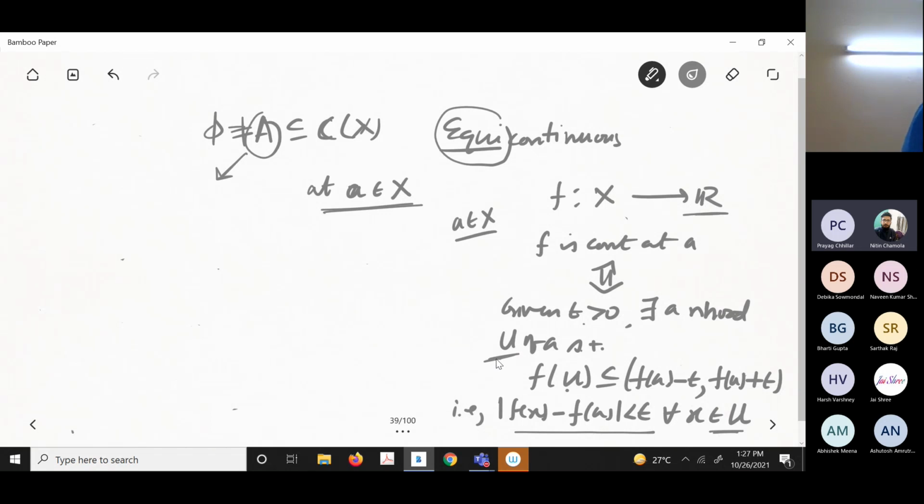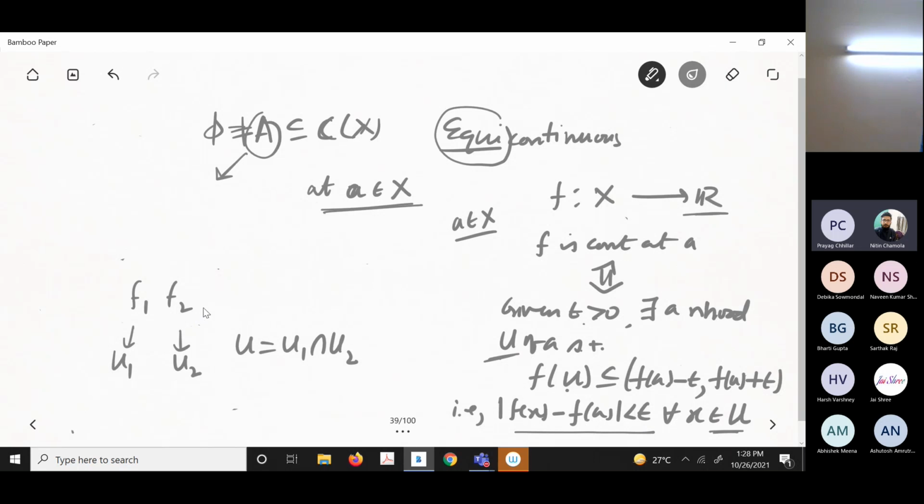Now if you have two functions, here I get a neighborhood u1, that means an open set containing A. Here we get an open set u2 containing A. Then I could take this intersection, that will be another open set containing A, and that will all work because Fu1 is this, Fu2 will satisfy this, so Fu will satisfy.